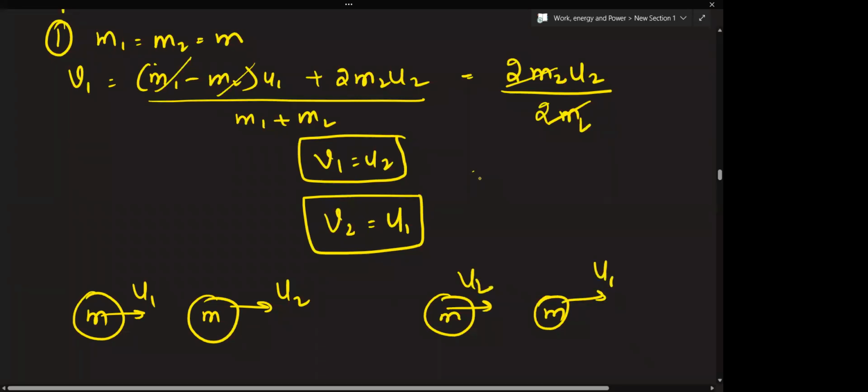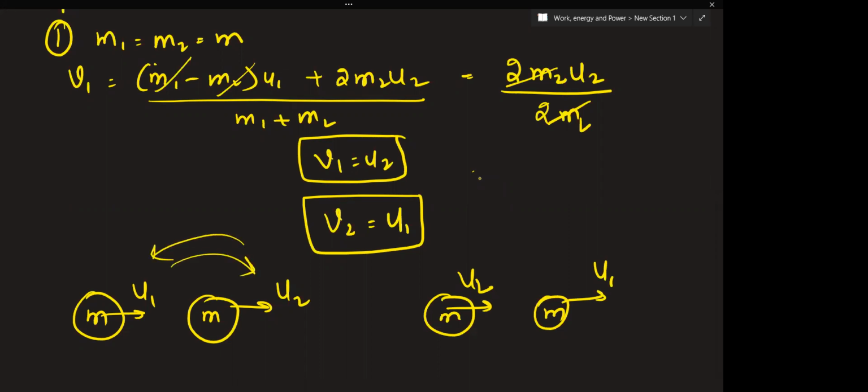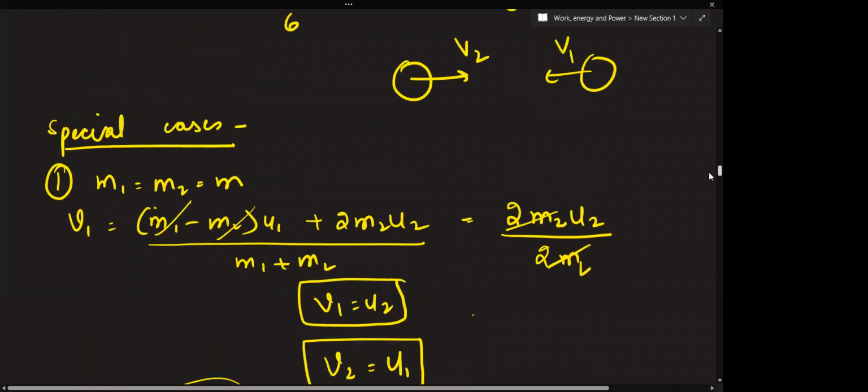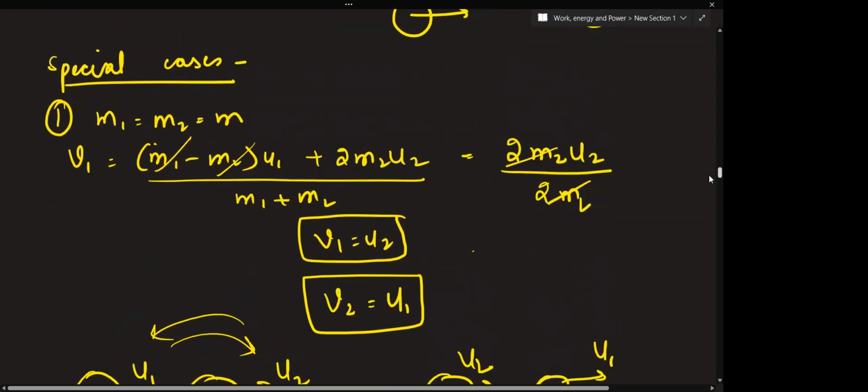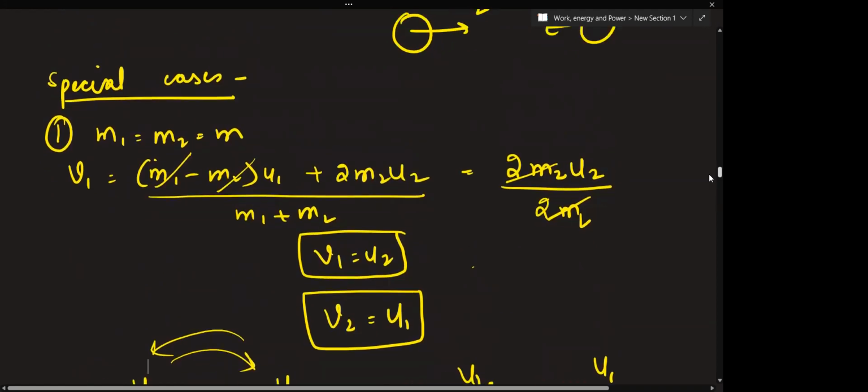V1 is now U2 and V2 is now U1. So their velocities have exchanged. Let's say this was 10 meters per second and this was 20 meters per second. After collision, this will be 20 meters per second and this will become 10 meters per second. Fine, this is the first case. Note down the first case, then I'll discuss the second case with you.